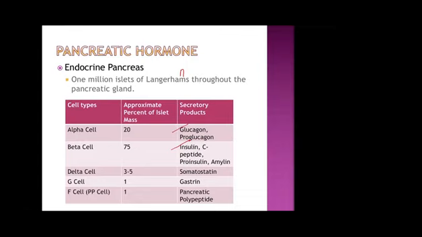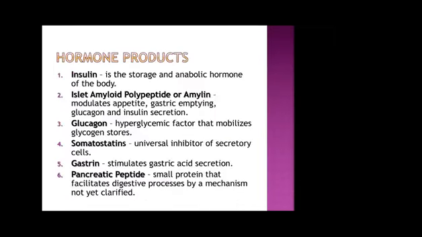Okay? Moreover, your knowledge in biochemistry will help you out in understanding the effects of these hormones based on what you had learned before in that subject. So the following are the effects of the hormones being produced by the islets of the pancreas. Number one, we have insulin. Insulin is responsible for storage and anabolic effects in the body.